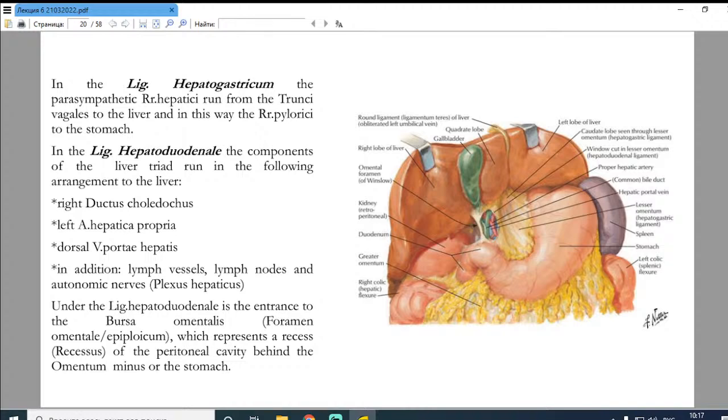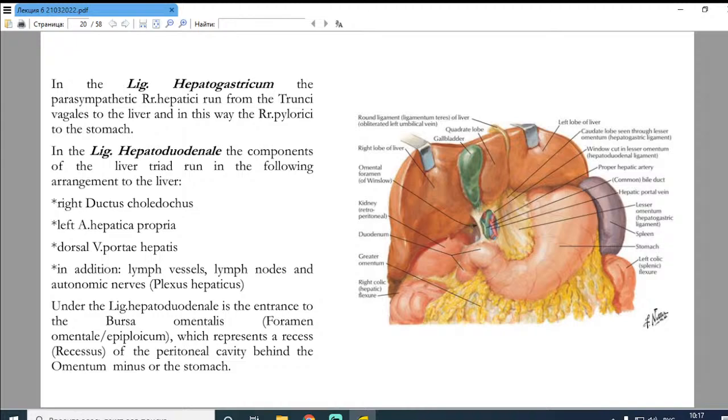This is the ductus choledochus, arteria hepatica propria, and vena porta hepatis. In addition, lymph vessels, lymph nodes, and autonomic nerves, plexus hepaticus.